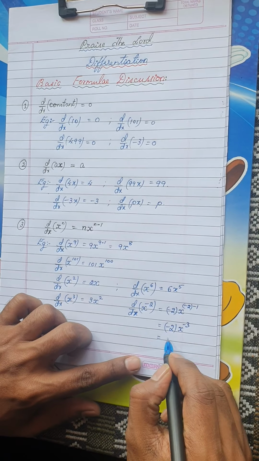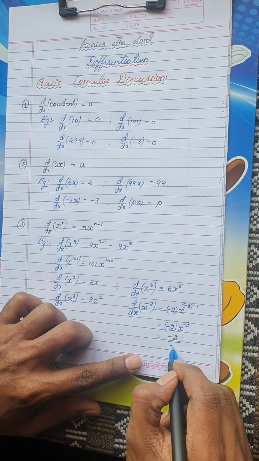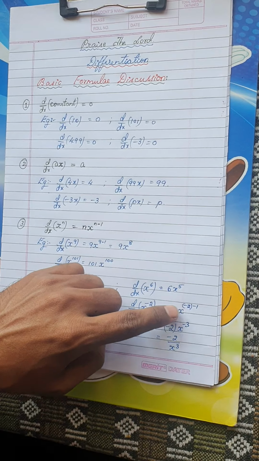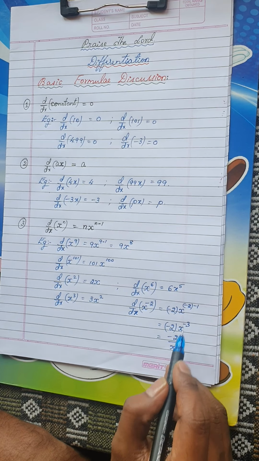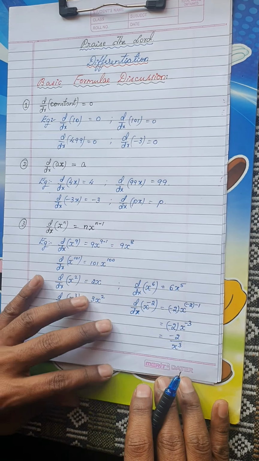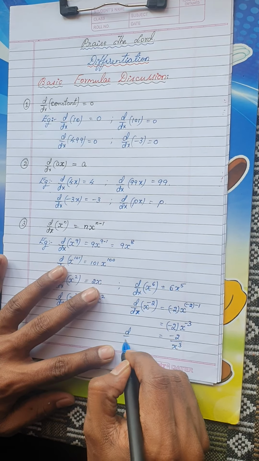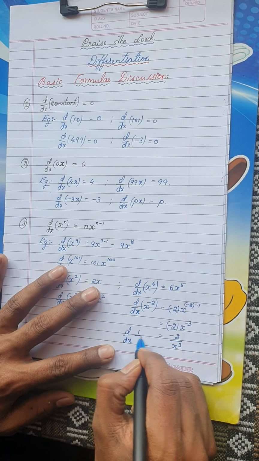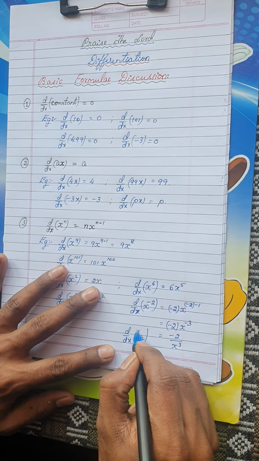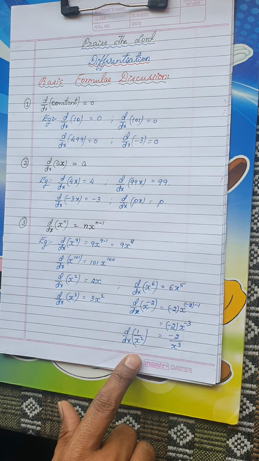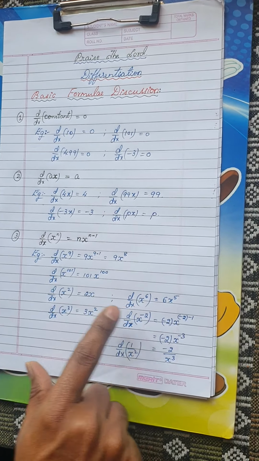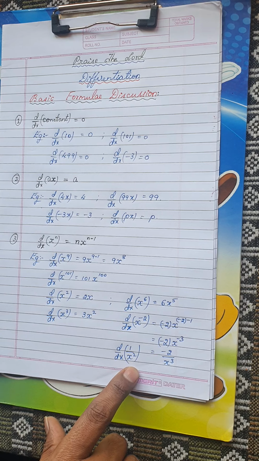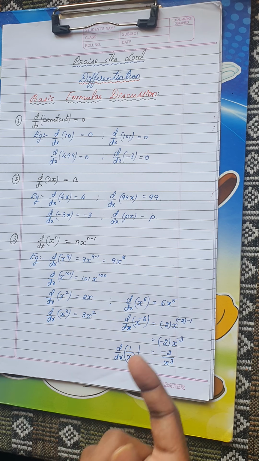So this can be written as minus 2 divided by x power 3. When the power in the numerator is taken to the denominator, we get the positive power. In other words, the derivative of 1 by x is of the form 1 by x power n. If the power is negative, then you will get a formula of the form 1 divided by x power n, and that we are going to discuss next.